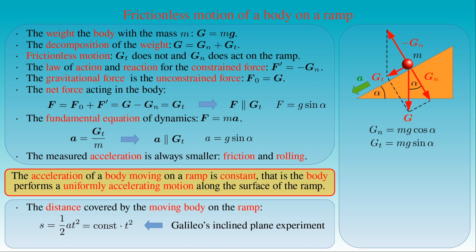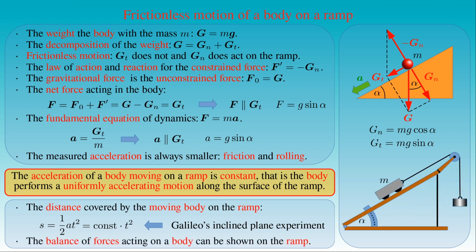We can also compensate the force Gt acting on the body in a setup where we connect a cart to a weight with a string over a pulley and place it on a ramp, as seen in the figure. If the inclination angle alpha of the ramp can be adjusted, we can find an angle where the cart and the weight remain at rest. Then the tangential force Gt acting on the cart and the force minus Gt exerted on the cart by the string are in balance.